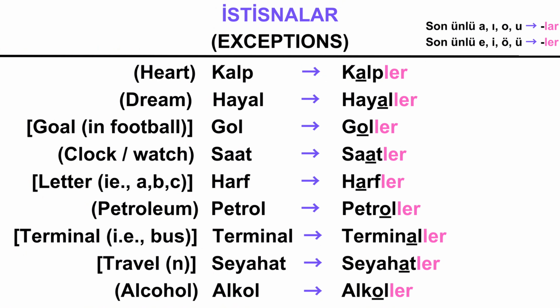So when we want to say hearts, we will say kalpler instead of kalplar, because we don't pronounce it like a real A. We soften it. It almost feels like a thin front vowel. That's why we treat it like a front vowel.